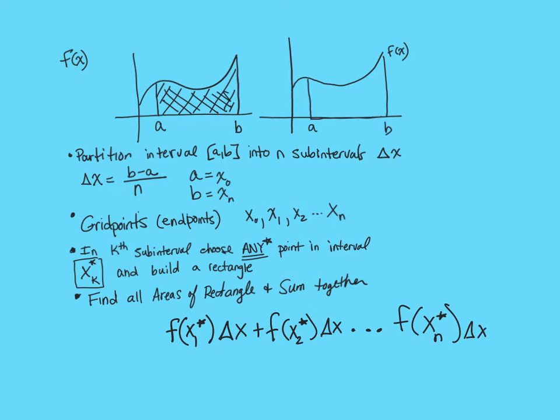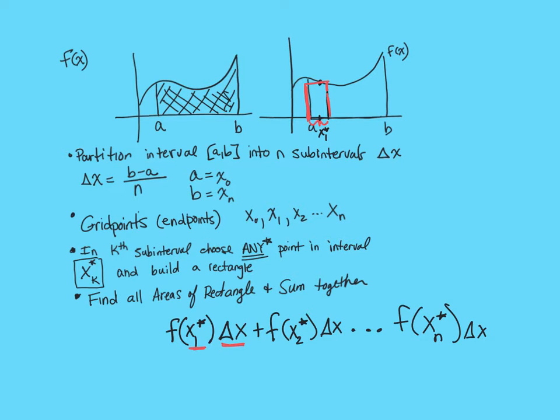So keep in mind, for each one of these, let's say this is our first subinterval, and I choose this point as my x sub 1 star. Then that's the height of the rectangle. The function value at x sub 1 star is the height of the rectangle, and the width of the rectangle from here to here is the delta x.